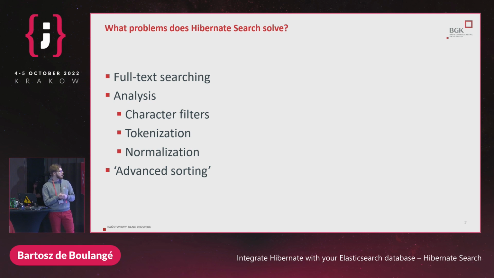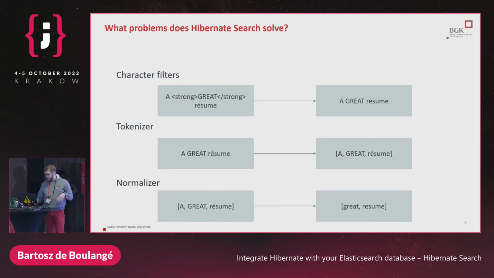It provides other benefits like analysis of the text that you index, and lets you character filter, tokenize, and normalize the text through which you want to search. I'll get later to what that means. You can also do something like advanced sorting. I'll explain that also later.